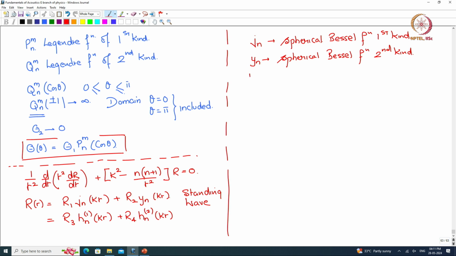And hn1 is the spherical Hankel function of first kind, and hn2 is the spherical Hankel function of second kind.